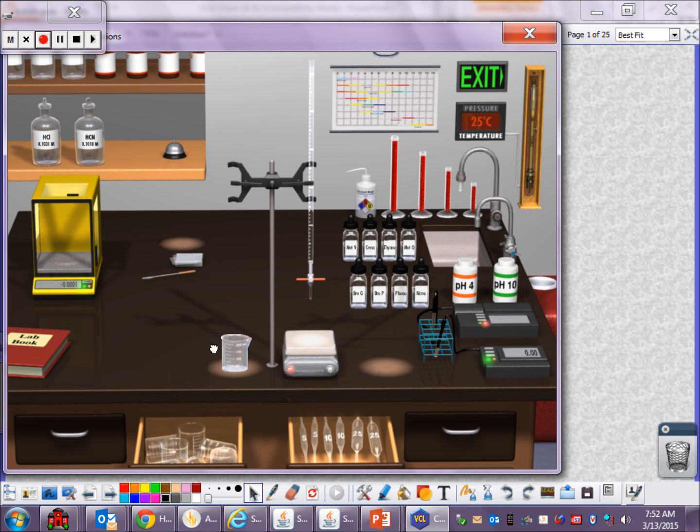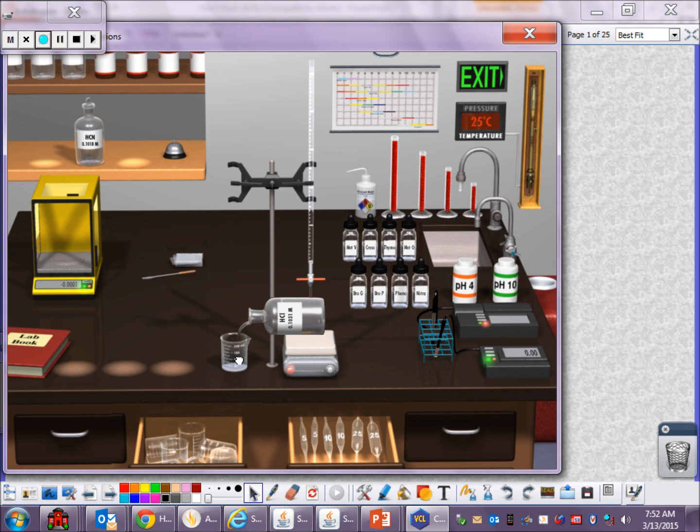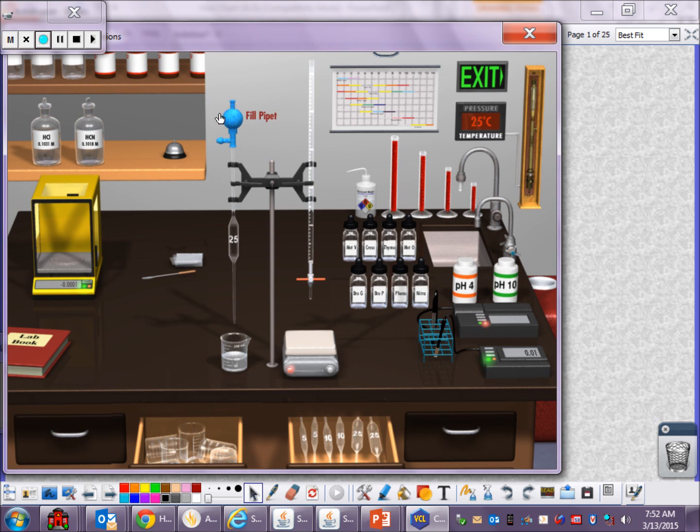I will get a clean beaker and pour some hydrochloric acid in it. I get a 25 ml pipette and pipette 25 ml of HCl. Get another clean beaker to put exactly 25 ml. And then I check the conductivity.